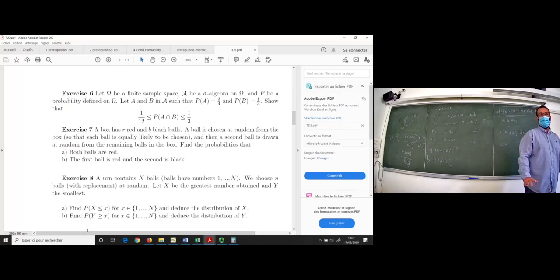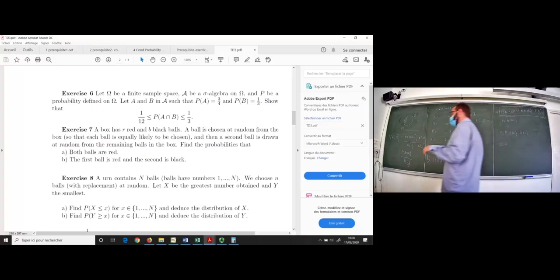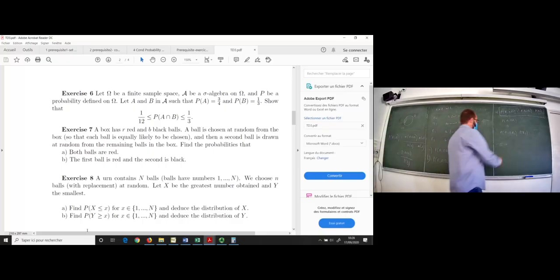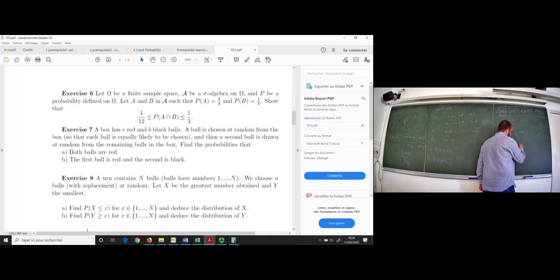R. R1, okay. R1 means the event I choose the first ball that is red. So what is the probability that my first ball is red? So P of R1 is equal to the number of red balls at the beginning over the total number of balls at the beginning. This one. R over R plus B. Okay?